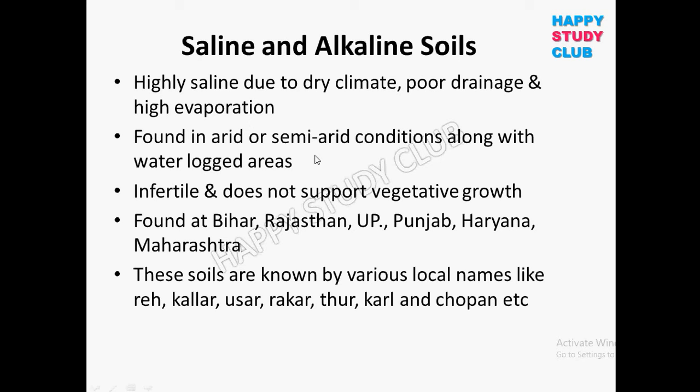And also we can make these soils fertile by providing proper drainage. By providing a proper drainage system, we can make these soils fertile. And these soils are also known by various local names like Reh, Kalar, Usar, Rakar, Thur, Kal, and Chopan, etc.